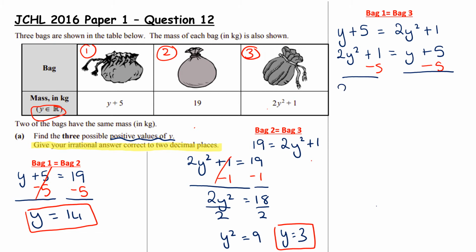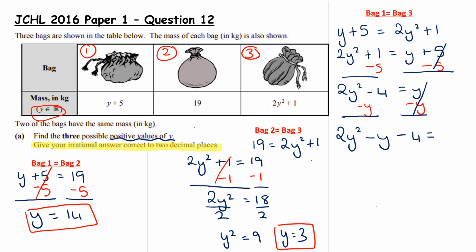And when I take away a 5 from both sides, we get 2y squared minus 4 equals y. I want to move that y as well, so I take away y. Now, there's nowhere to take that y away from, so it's just going to sit itself. So what I mean by that is it's going to be 2y squared minus y minus 4 equals 0. Now, what we have here is a quadratic trinomial, so we're going to have to solve this.